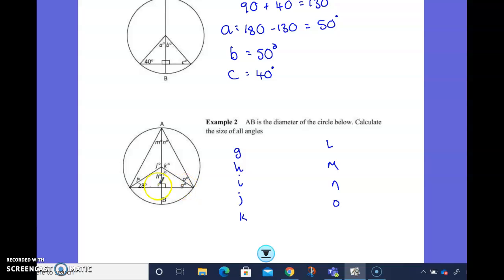So if we're looking at G, these two must be the same. They're in the same place. So that angle there must be the same as this one here. So G is going to be 28 degrees.